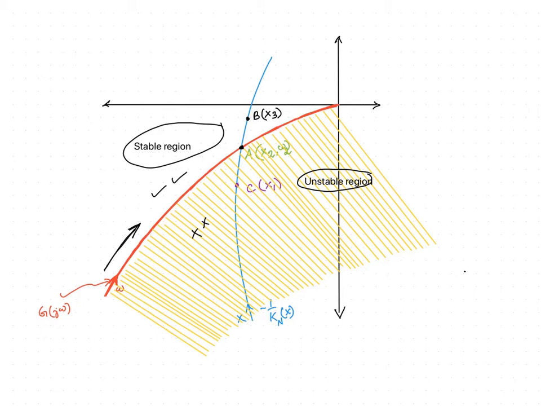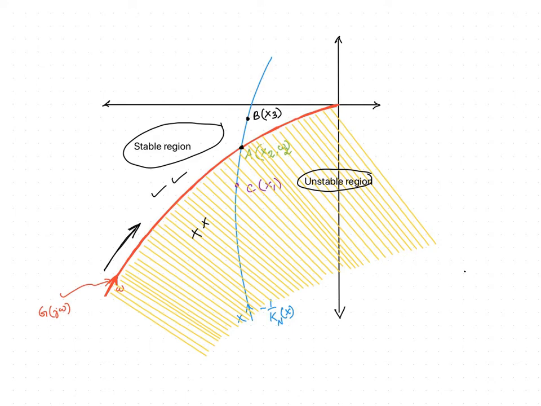The system is unstable for capital X less than x2, since those points will be in the unstable region, and stable for capital X greater than x2, that is for the region of minus 1 by kn of x in the unshaded portion.